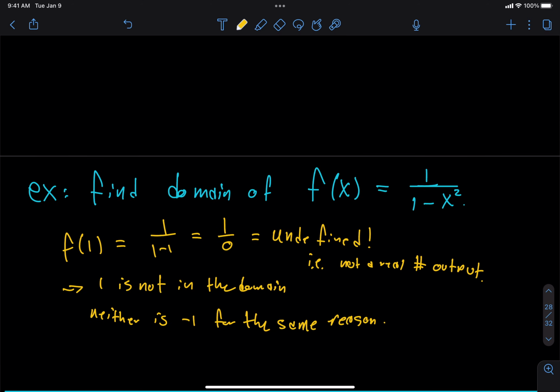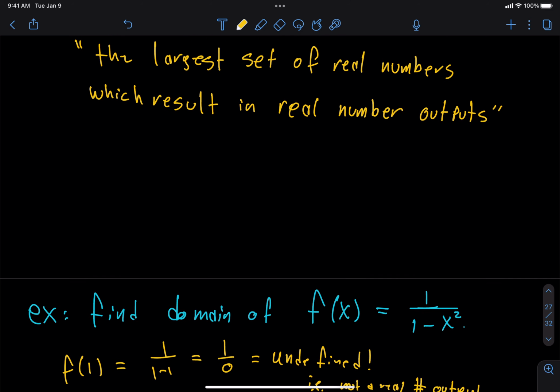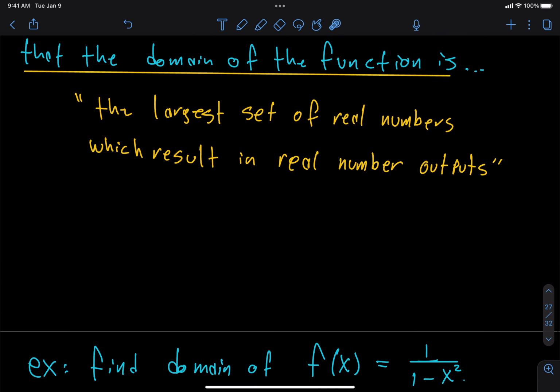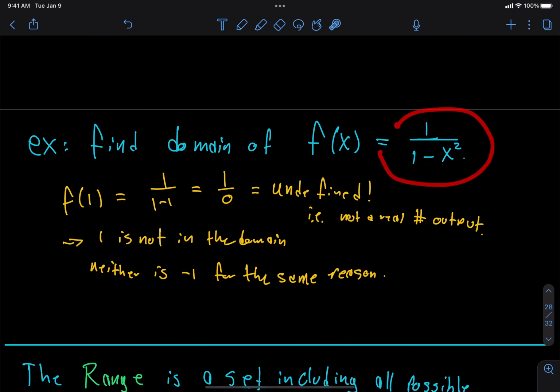Now what we want to do is describe the largest set of real numbers which I can plug into this function and get a real number as an output. Are there any other numbers that are going to cause this thing to blow up completely? No, right?